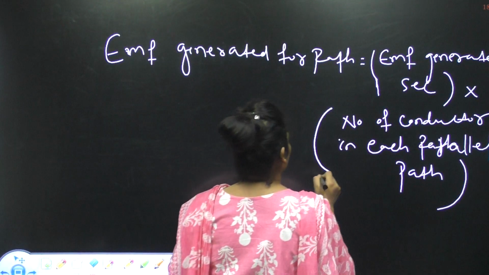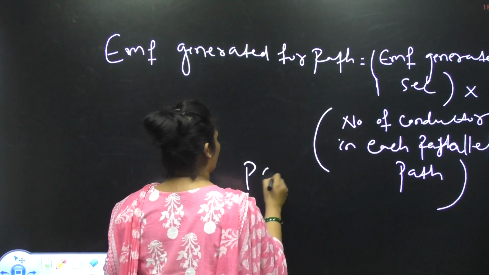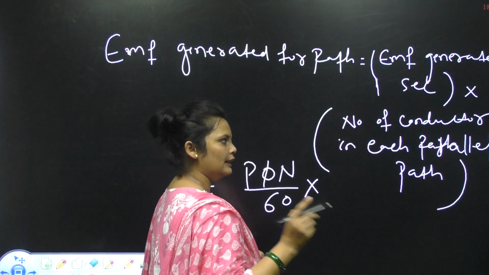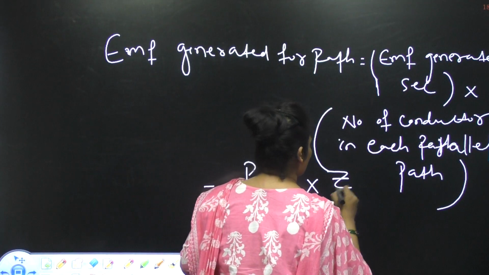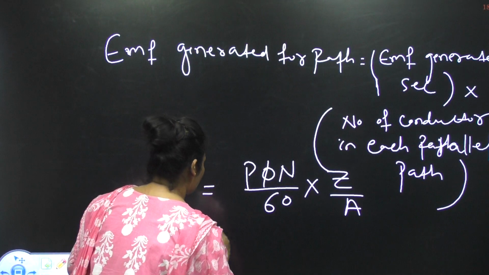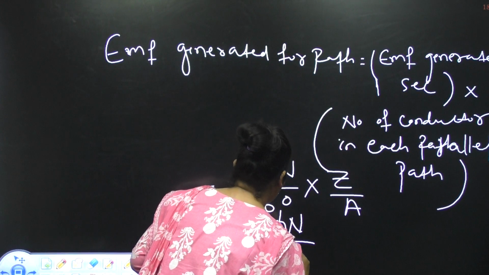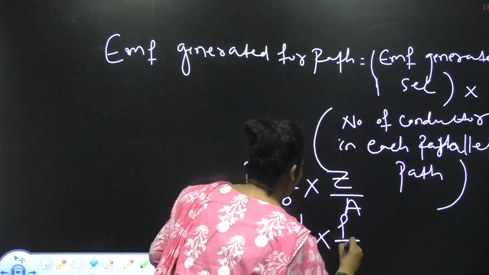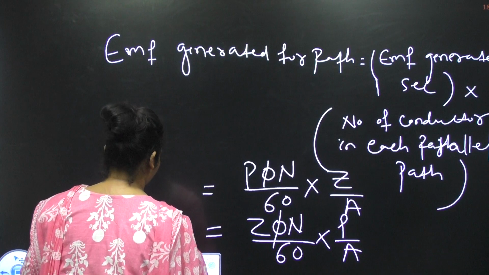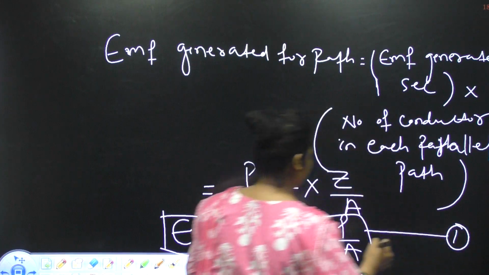This is the formula. So EMF generated in 1 second is P phi N by 60, and into number of conductors in a parallel path, that is Z by A. So this is our EMF equation. You can write it like this: Z phi N by 60 into P by A. Take it as equation number 1.